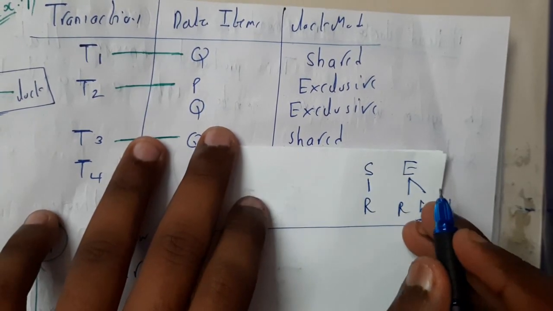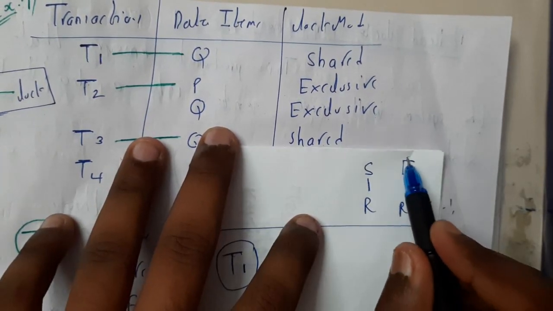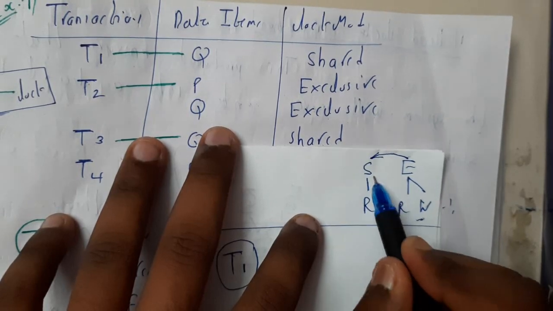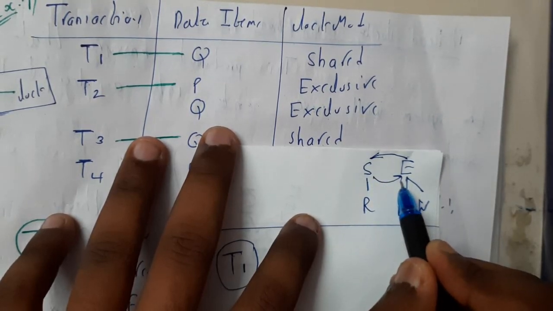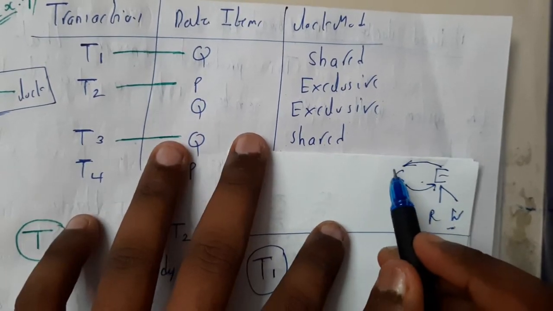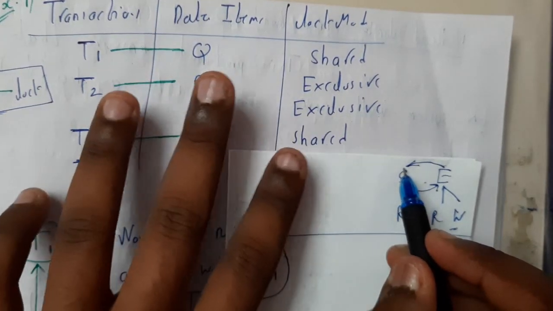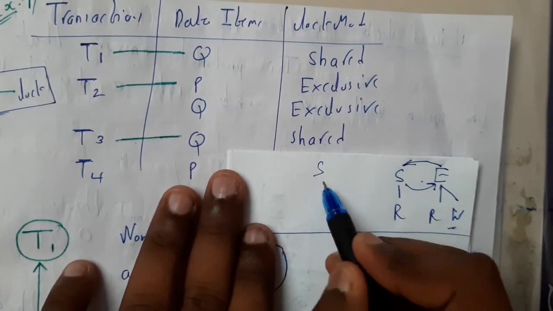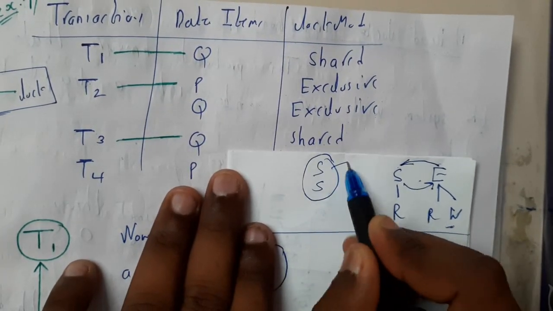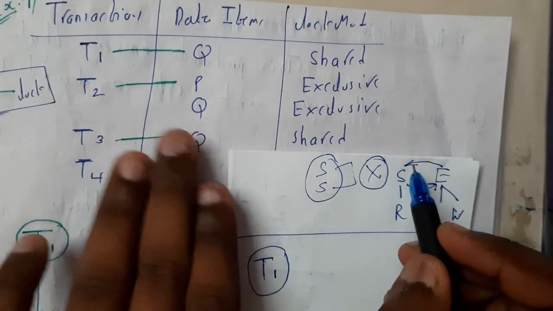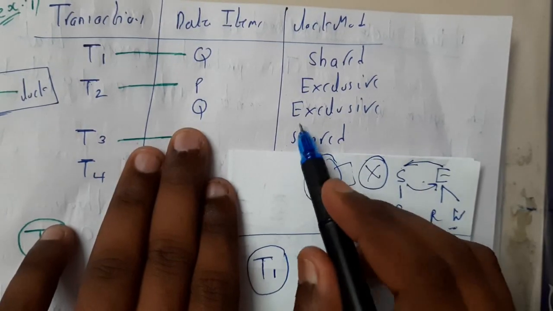I told you previously, we can convert exclusive to shared and shared to exclusive, right? I hope everyone remembers that. But here we can combine the same types, like shared and shared, but any other combinations we cannot combine. Please remember that. So T2 is requesting Q, that is exclusive.